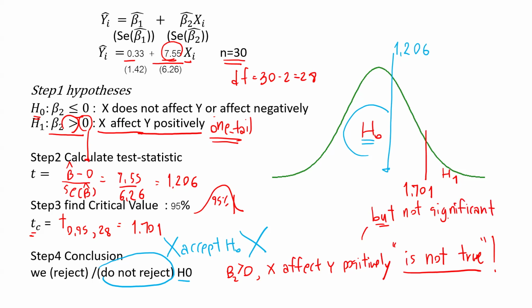This one is also acceptable. You can say not true or not significant, which means you use a statistical term to explain.